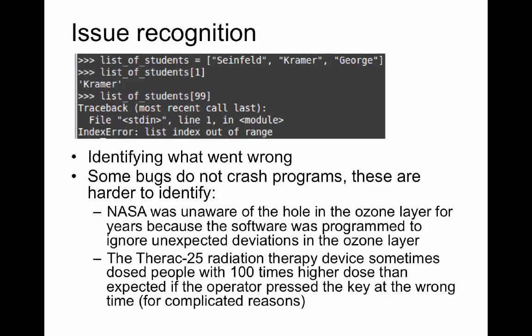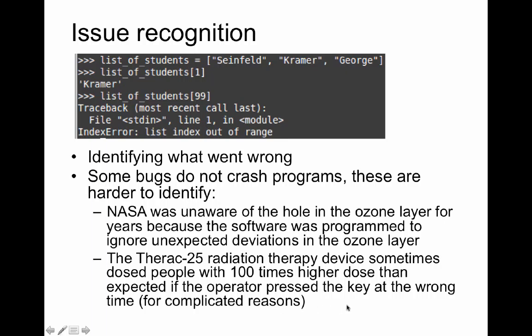This would be like going in for an X-ray and it blasts you in the face with 100 times the X-rays you were expecting. So that's terrible. And they figured out that it only happened if the person pressing a button to shoot the X-rays pressed it at just the wrong time. There's a complicated reason for this, but the idea is that it didn't always do it every time. So it was hard to identify what actually happened.